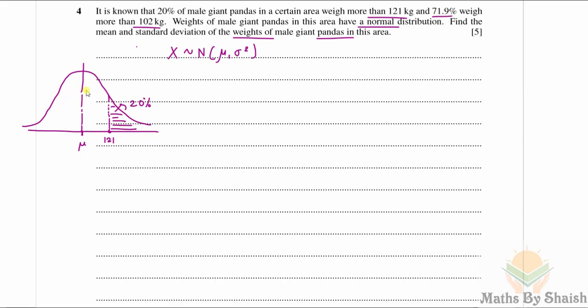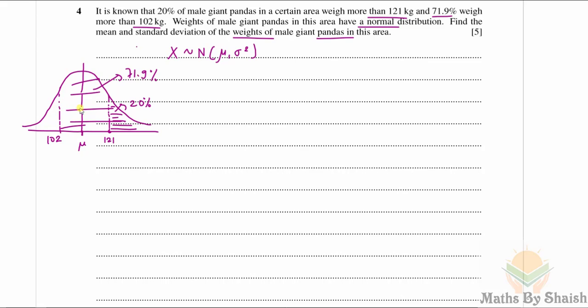And the next one is 71.9% weigh more than 102. So it means more than 50%, so it should be lying here, so that this probability will be more than 50%, that is 71.9%. So this is going to be corresponding to 102 kg, and this total area is 71.9%.